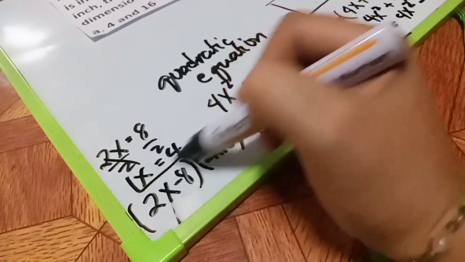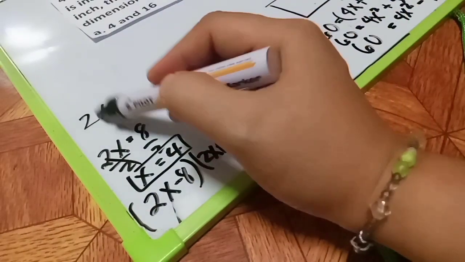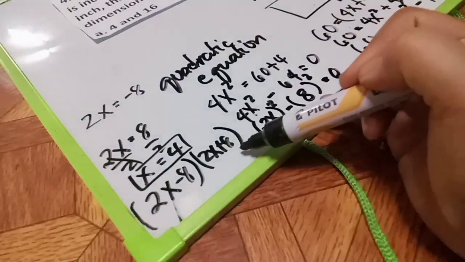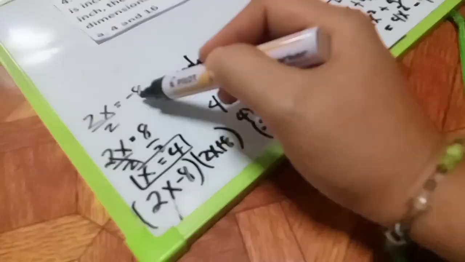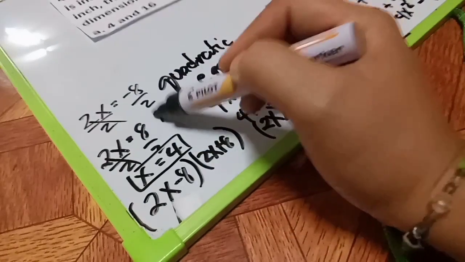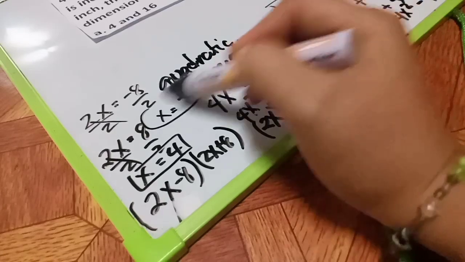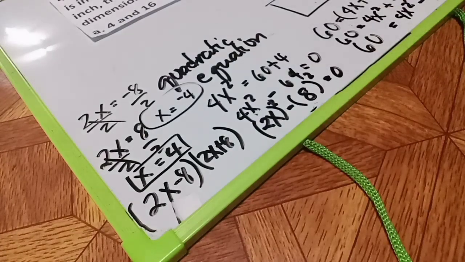And the other one, 2x is equal to negative 8, so divided by 2, the other one will be negative 4. So how do we get the dimensions for that?